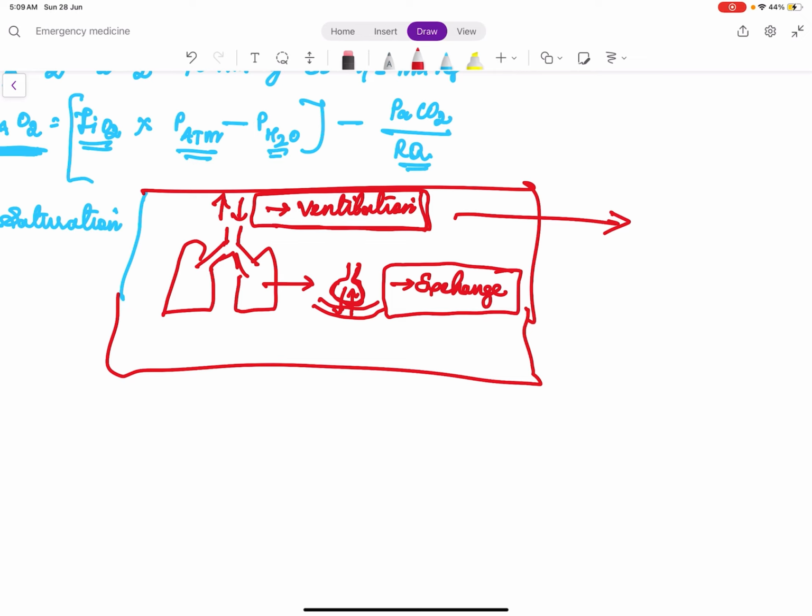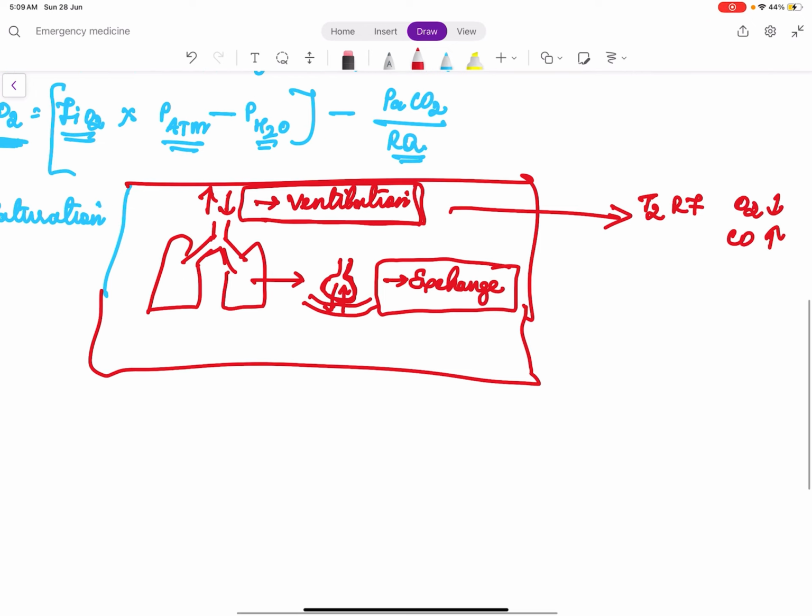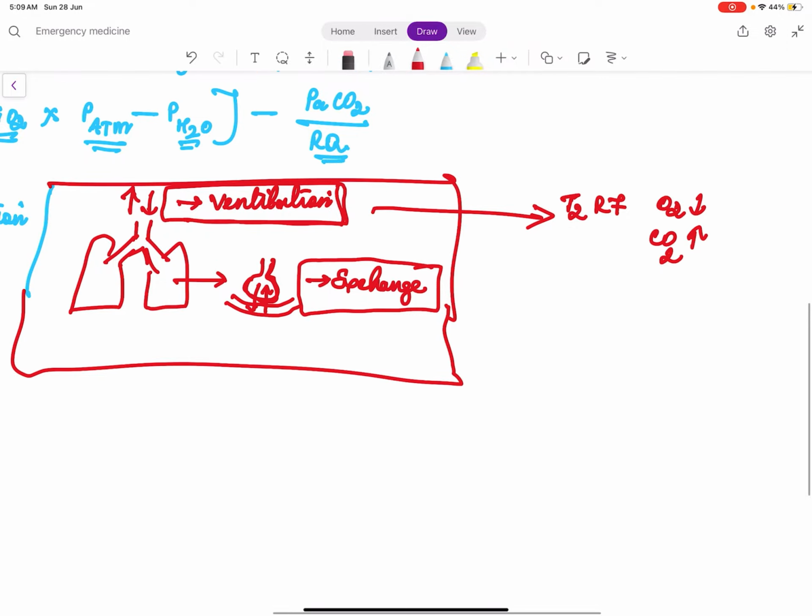So in type 2 respiratory failure, oxygen will be low and carbon dioxide will be high in the blood because oxygen is not taken in and carbon dioxide is not exhaled out. Whereas in type 1 respiratory failure, the primary problem is exchange. So O2 is low, but carbon dioxide will not be high because the diffusion power of carbon dioxide is very high. Even if there is a problem with this respiratory membrane, carbon dioxide can diffuse into the alveoli and get exhaled out.